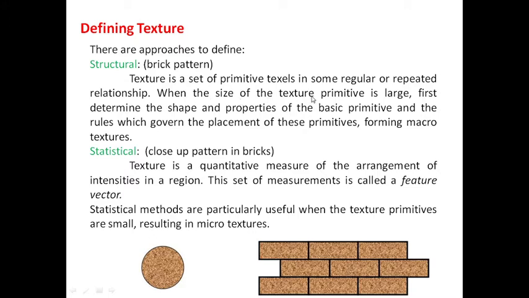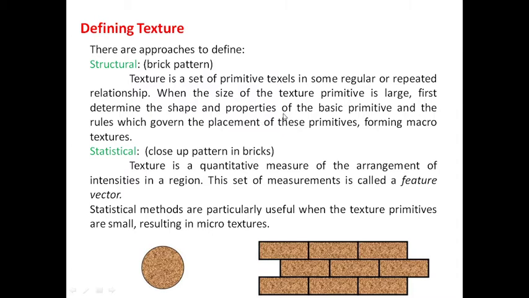When the size of the texture primitive is very large, first we have to determine the shape and properties of the basic primitive. If you take this brick pattern, when the size of the texture primitive is large, first determine the shape. So this is my shape of a brick.